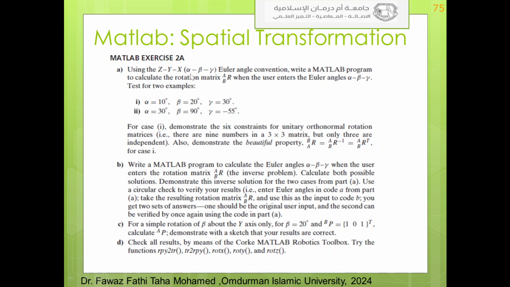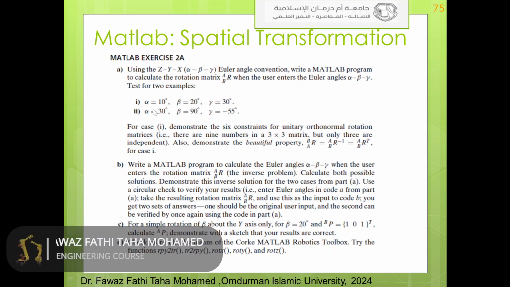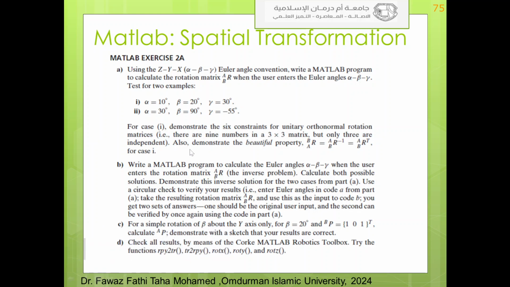The rotation by alpha means the rotation around the z-axis, and the rotation by gamma means rotation around the x-axis. So we can enter any combination of these. Demonstrate the 6 constraints. Demonstrate the beautiful property, the inverse equals the transpose.